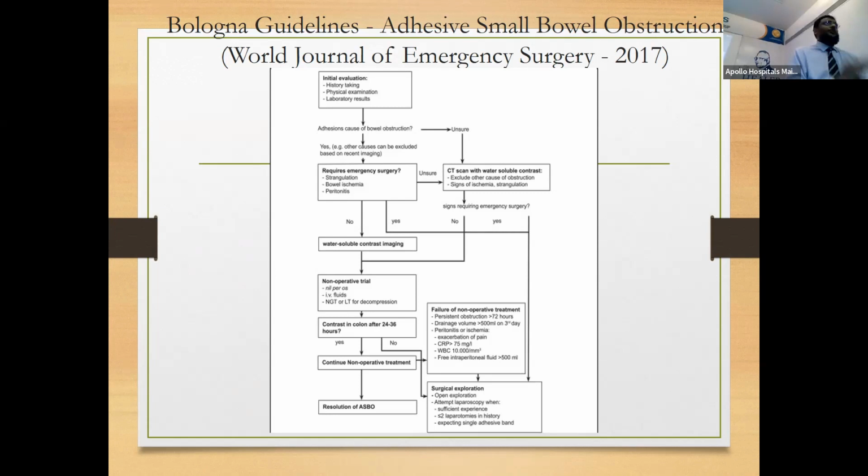There's no harm there, provided all the lactates and everything is okay. But if the contrast has not reached the colon, and if the patient continues to have bowel distension with or without any hemodynamic abnormalities or lactate abnormalities, that's when you start worrying, you stop your conservative management and you go for surgery. So that's regarding this particular case.